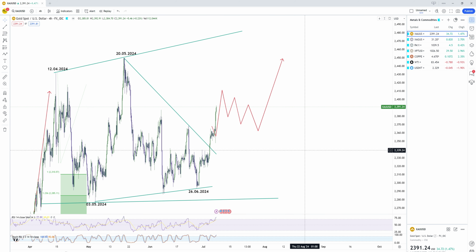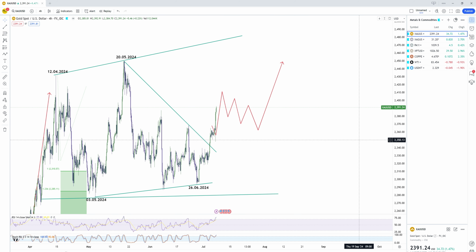So at this moment, having analyzed gold, we are telling you that the overall bias is to the upside, and no one should be looking to sell gold, but only looking to buy the dips, such as this one, and this one.